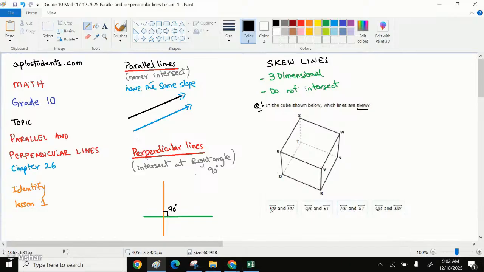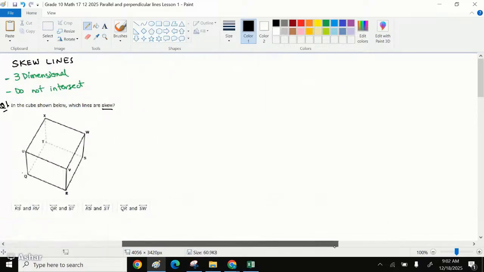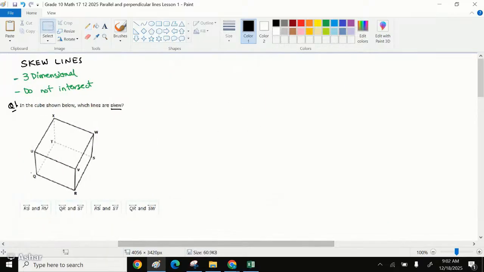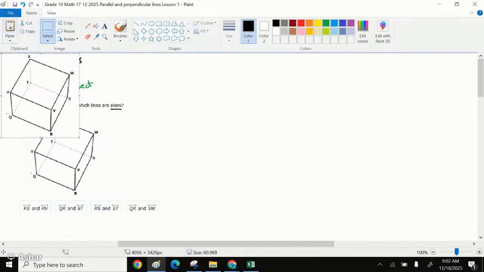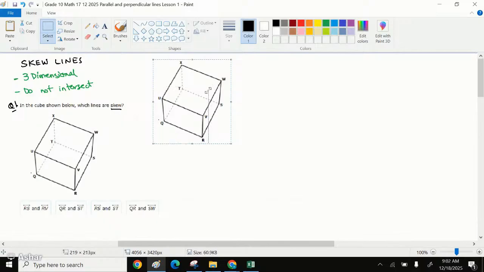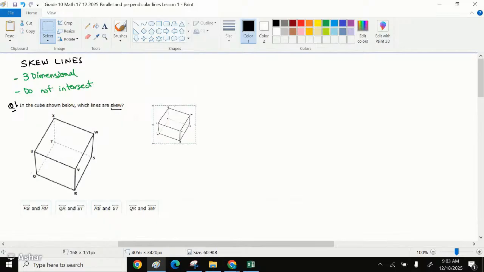They're saying RS versus RV. Let's try to do it separately over here. Let's copy this shape and do it individually so we'll have a better picture of what the lines are. We'll try for all 4 options.